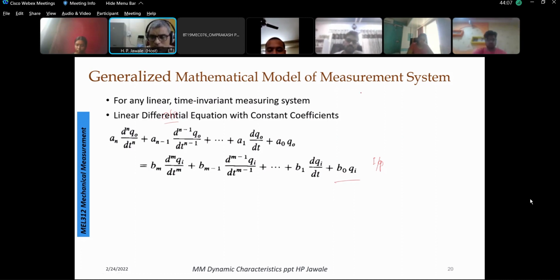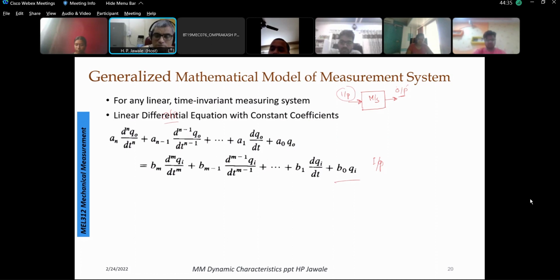Now to understand this, again you can come to the block. Let us assume that this is nothing but your measurement system, and to this there is some input signal, which is represented as the output by the display of the measurement system. So this equation corresponds to the response of the measurement system to the given input.